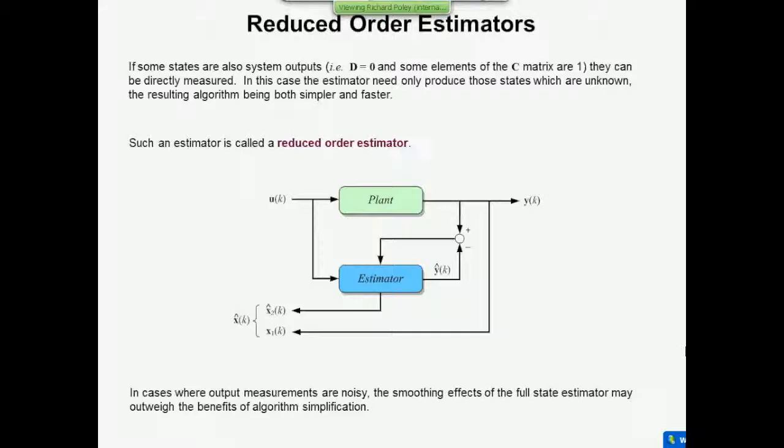And so if we've got some of the states appearing in the output vector, it makes sense to use those directly and then simplify the estimator so that we still make use of the output and the estimator is still in a feedback loop as it was before, but it's computing a smaller state vector than was previously the case, and so the estimator equations are fewer in number and hopefully smaller as well. So it's a computational saving that you get back from this.